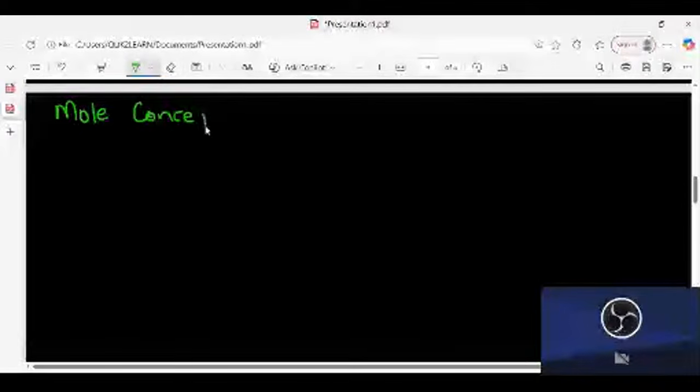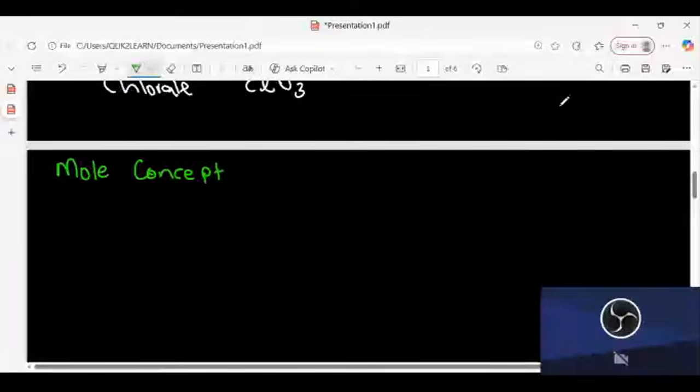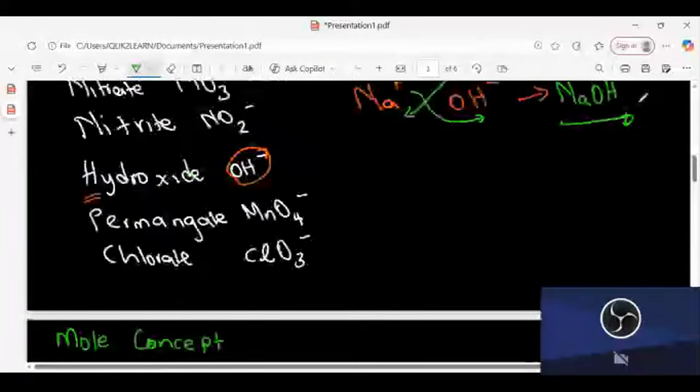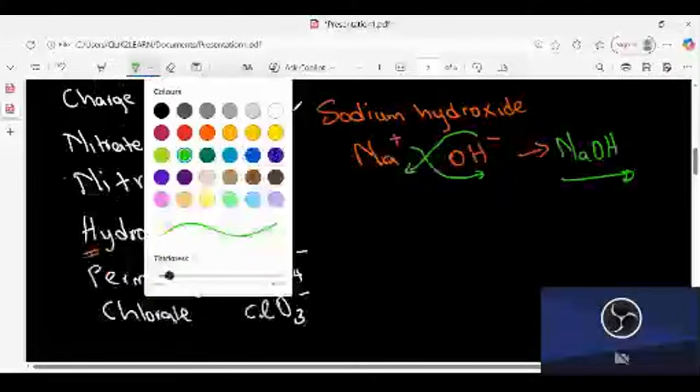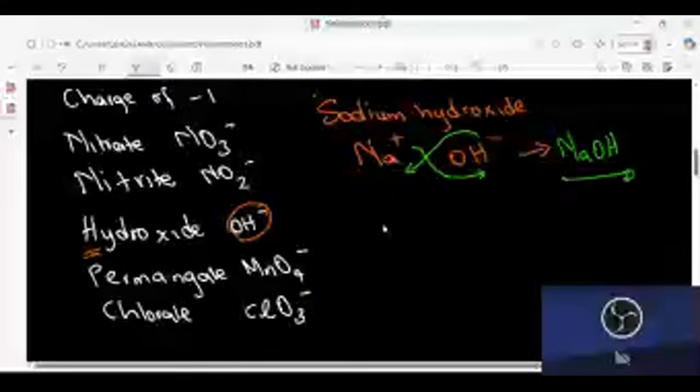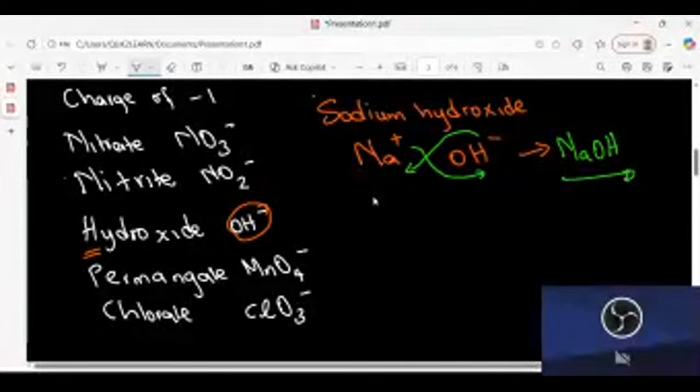Right, so on the mole concept, but I think we're missing something. Before we do the mole concept, let us try to write the chemical formula for, let's say, magnesium hydroxide.